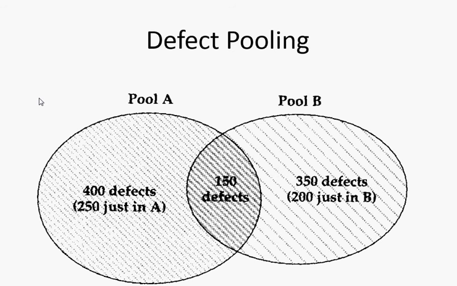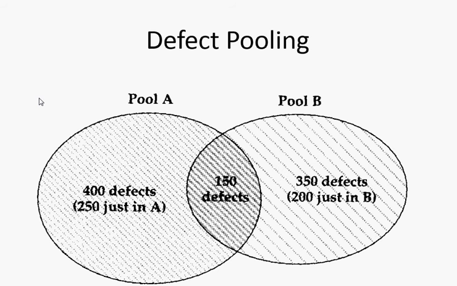So again, let's use this analogy. For each of these 150 defects they had in common, there were a total of 350 defects found by B. So for each of the 150, there were 350 divided by 150 that existed as identified by pool B. That's for each of the 150 found.